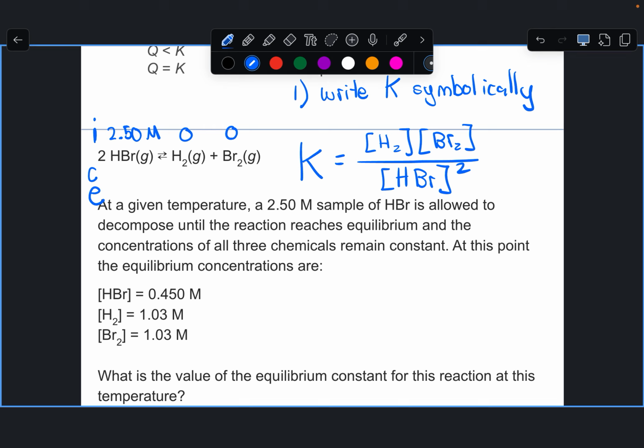So to keep track of all of that, I'm going to write down those concentrations under each chemical species in this table, under equilibrium. So 0.50, 0.450, 1.03, and 1.03.